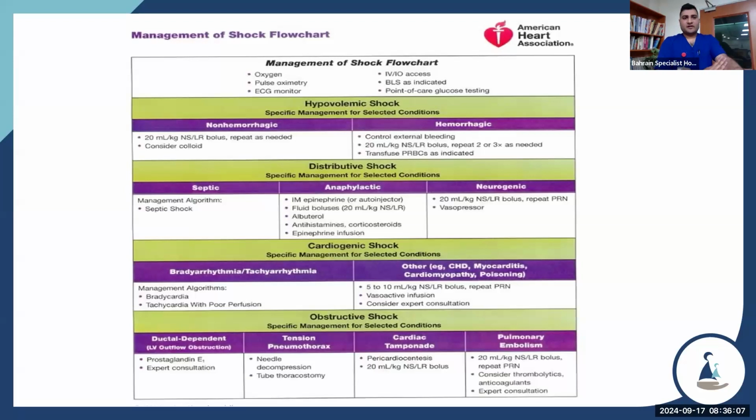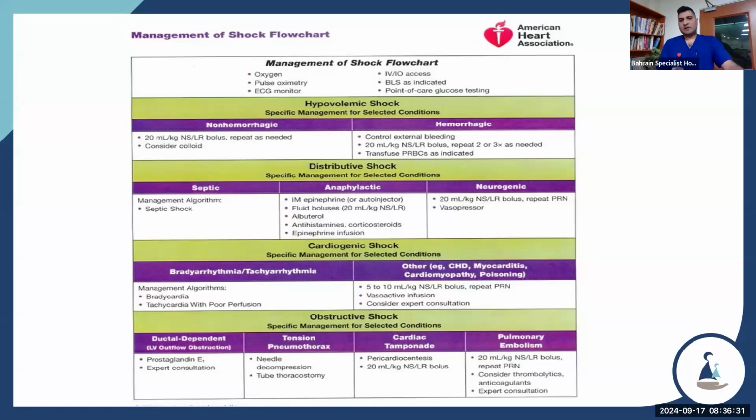This is just as per the American Heart Association management flow chart for shock. Initially oxygen, pulse oximeter, ECG, IV or IO access, BLS as indicated, point of care glucose testing. In hypovolemic shock, in case of non-hemorrhagic, 20 ml per kg normal saline or Ringer's lactate, consider colloid.